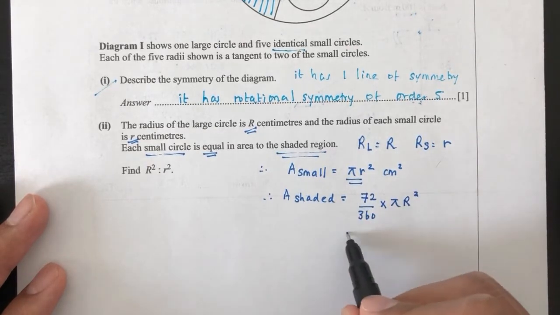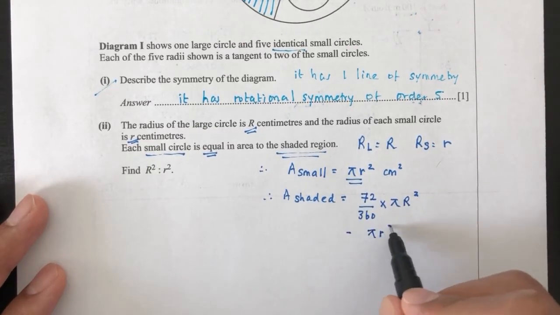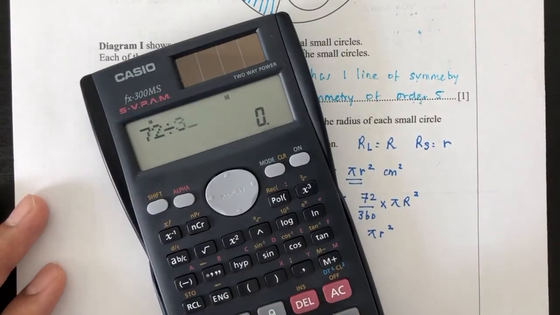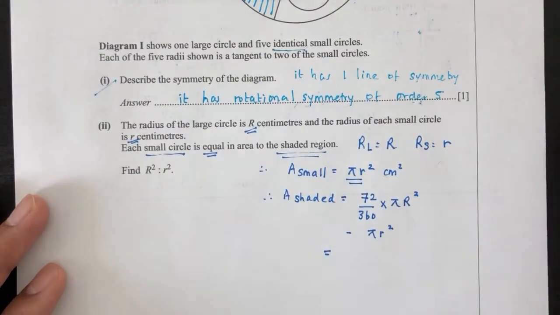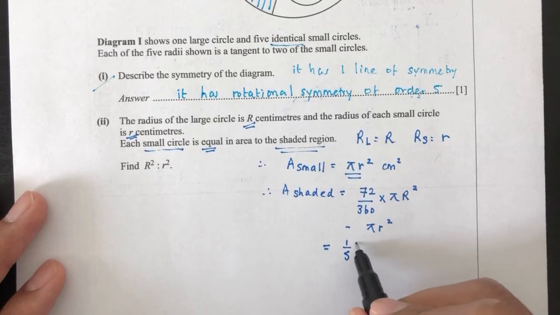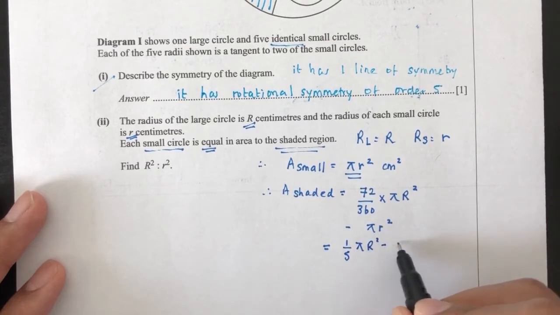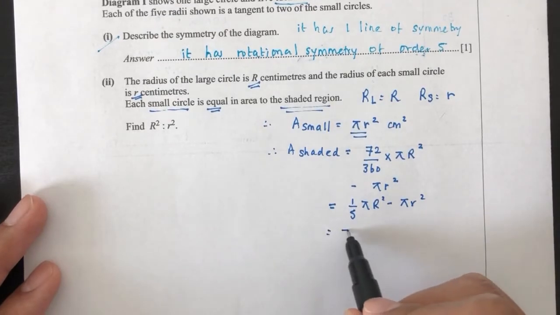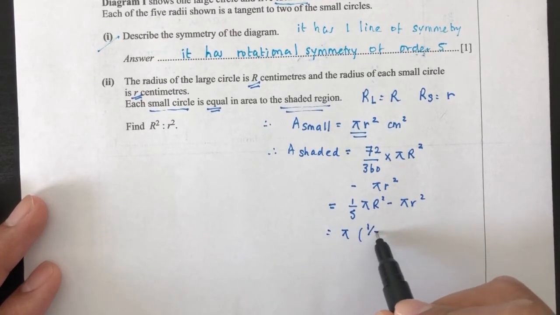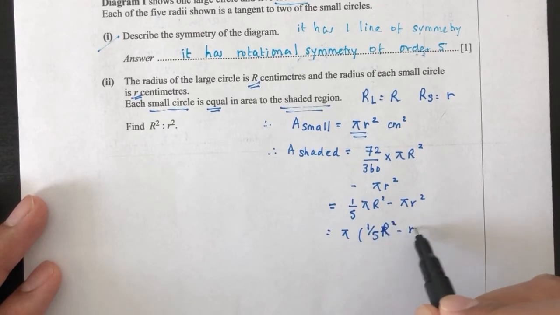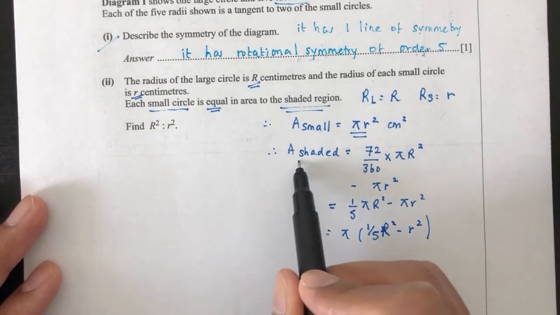And now we have to subtract the area of the small circle to find the area of the shaded region. Let's simplify this. 72 divided by 360 is 0.2, which is 1 over 5, pi R squared minus pi r squared. So we can take pi out, we have 1 over 5 pi R squared minus r squared, and this one is the area of the shaded region.